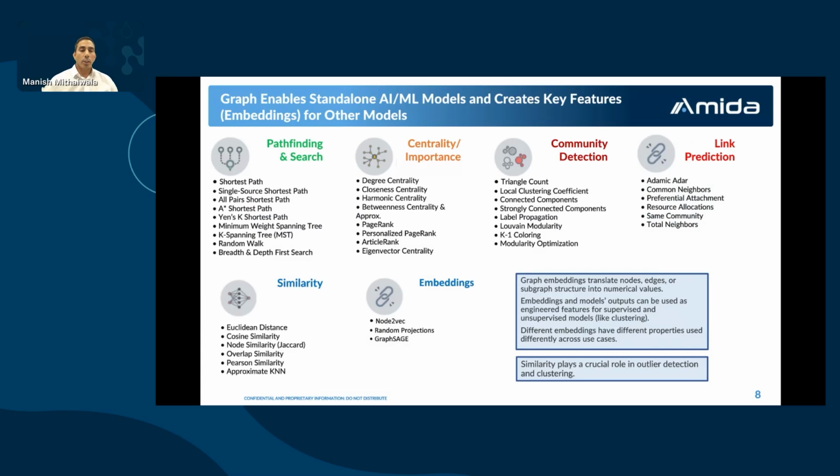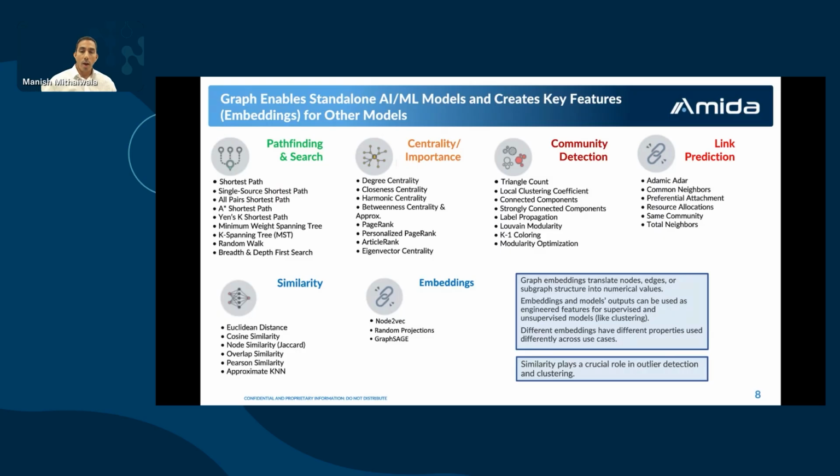For this particular project, we are using Neo4j, benefiting from its native graph storage and graph data science library. Here's an overall summary of the main categories of graph algorithms and models available within the GDS library. For our use case of finding similar cohorts of patients, we'll be using the Node2Vec and GraphSAGE embedding algorithms, both of which are available in the GDS library.